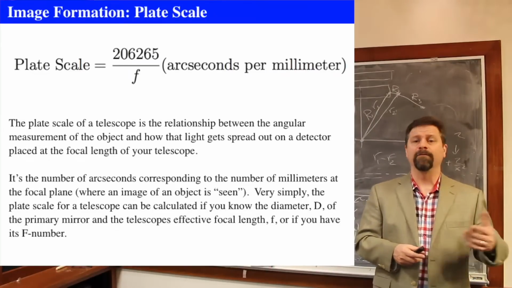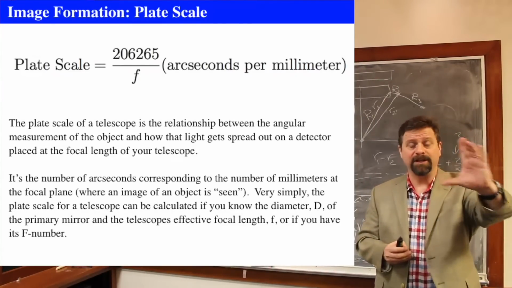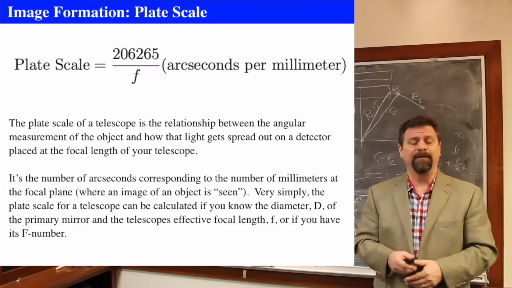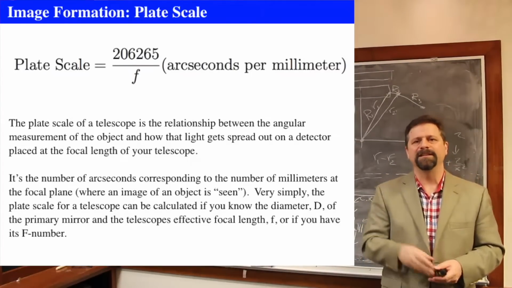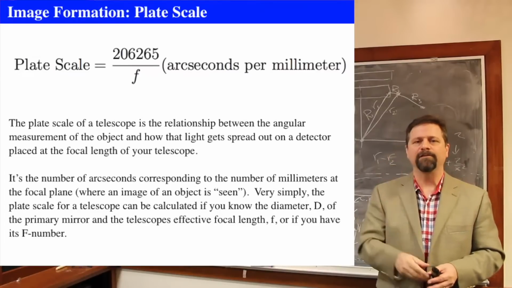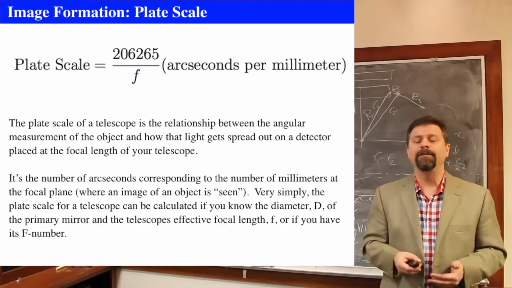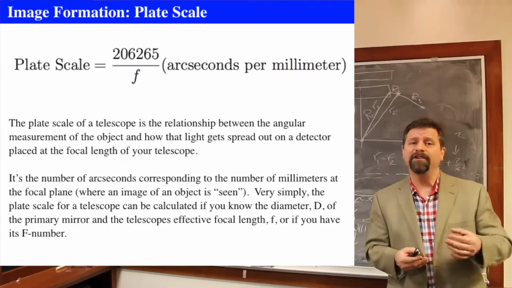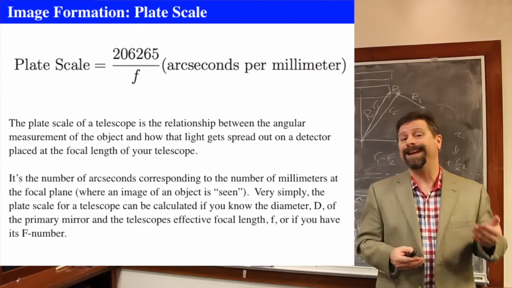Another way of thinking about it is if you have a really long focal length, it's like looking down a tube with no lens, right? You're just saying, oh, I want the whole thing, but then the detector looks at a specific little area. All right, another way of looking at it is the plate scale can be measured in terms of arc seconds of the sky per millimeter of the detector.